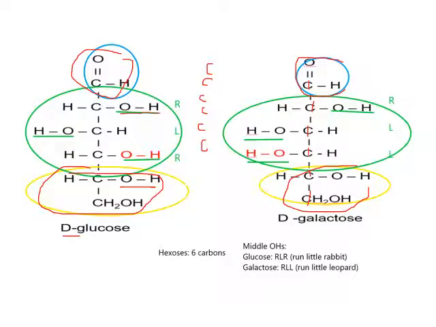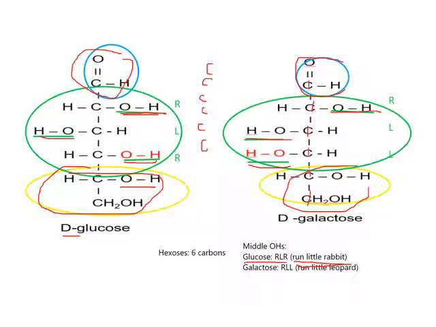For glucose, the OHs go right, left, right. For galactose, the OHs go right, left, left. The middle carbons are where they're different. A way to remember glucose is: run, little rabbit.